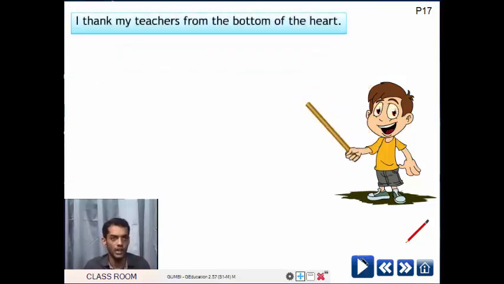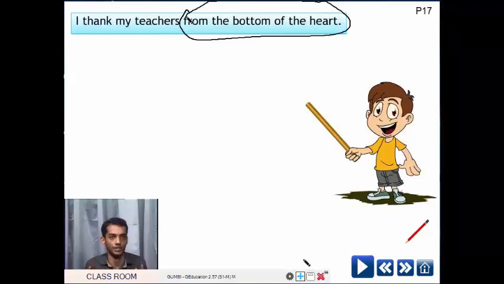Look at the sentence. I thank my teachers from the bottom of the heart. Look at the idiom, from the bottom of the heart. Let me give one example. My friend Manju gave me a bottle of blood when I was in need of blood. So I must thank him from the bottom of the heart.